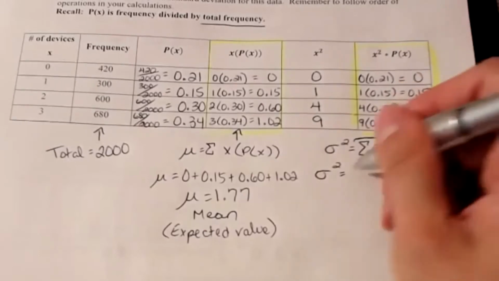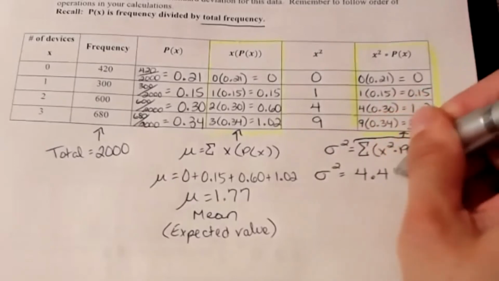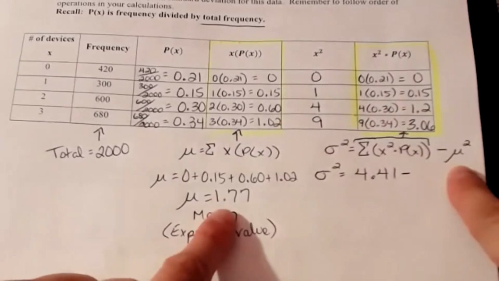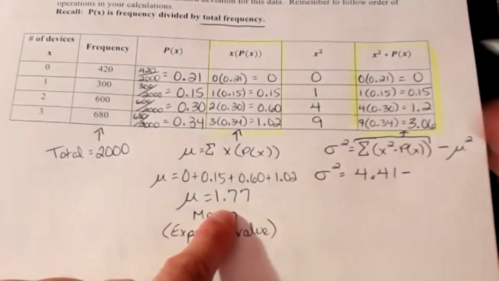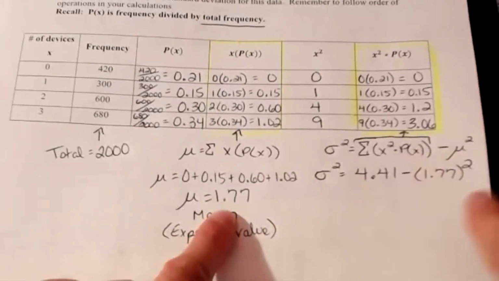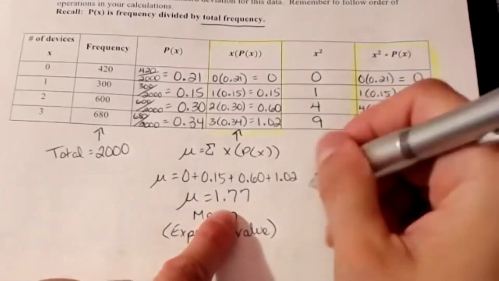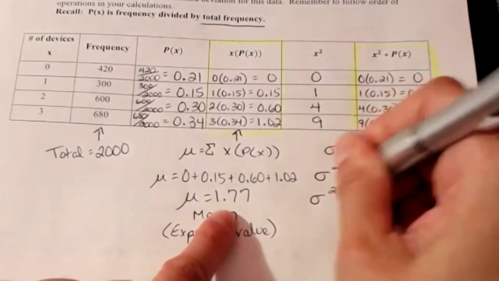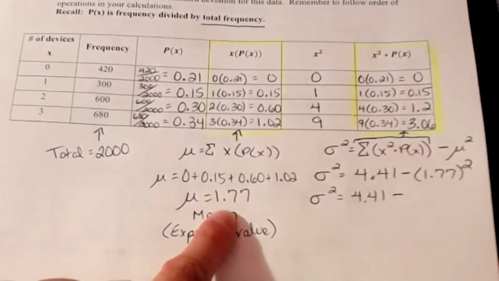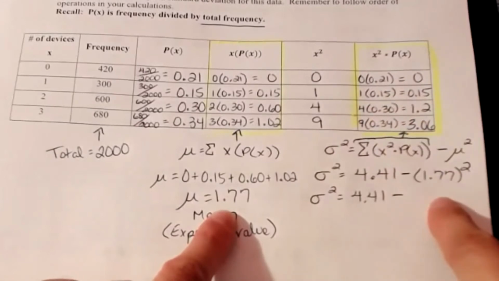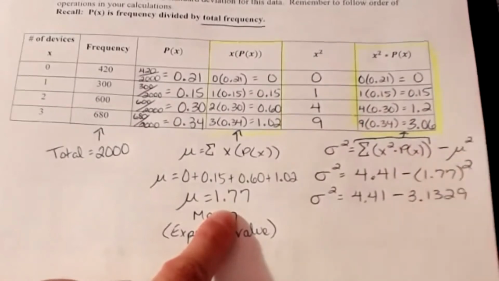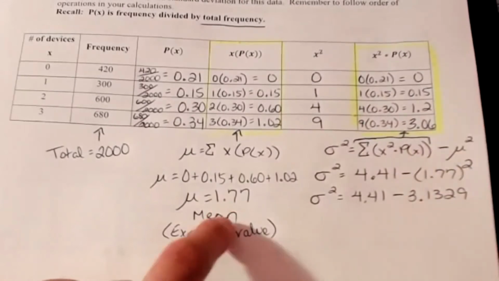4.41. Yes, 4.41. We're then going to subtract the mean squared. We calculated the mean. The mean is 1.77. If it helps, I'm going to do this piecemeal. So we have 4.41. If you square 1.77, you should get 3.1329. And then, of course, we subtract.